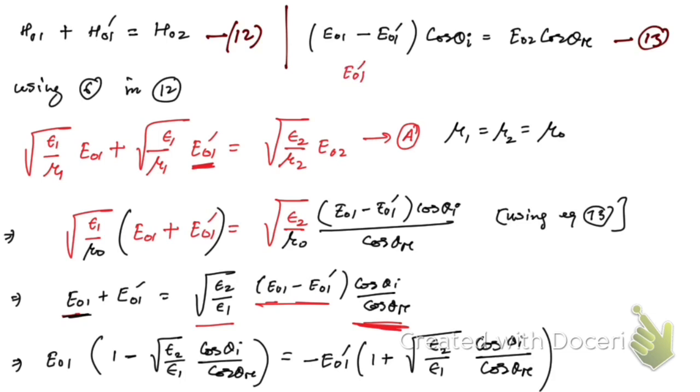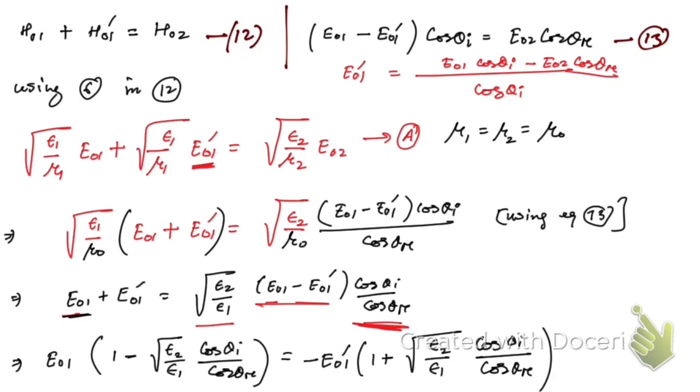E001 dash is going to be equal to something divided by cos theta I, and if you simplify this, then E001 cos theta I minus E002 cos theta r. That's what we're going to have.